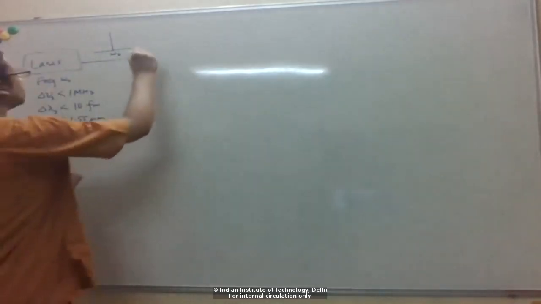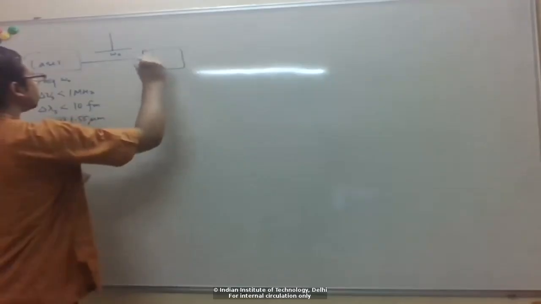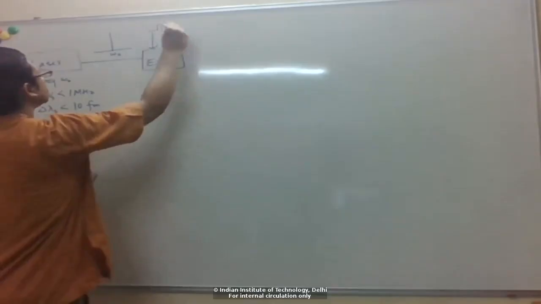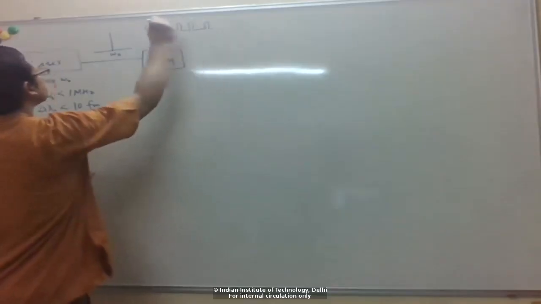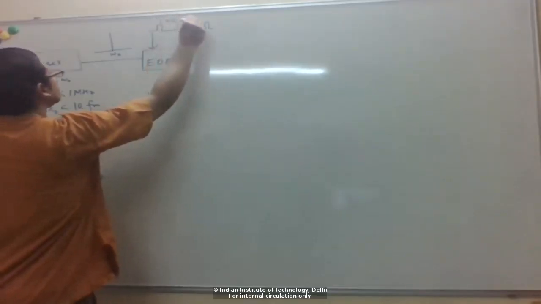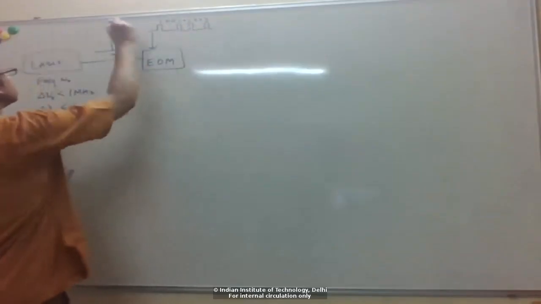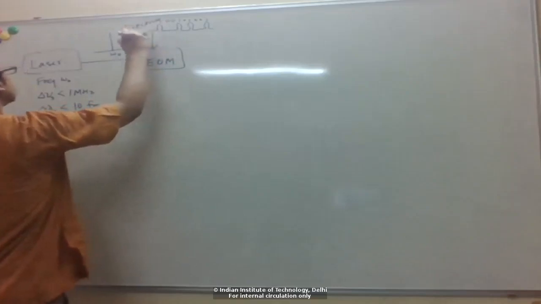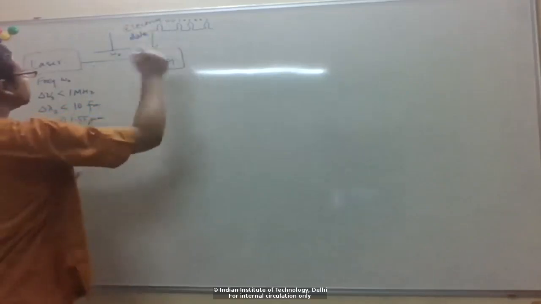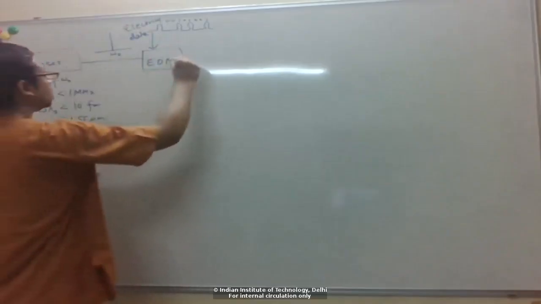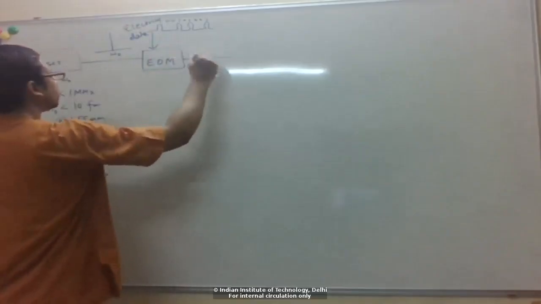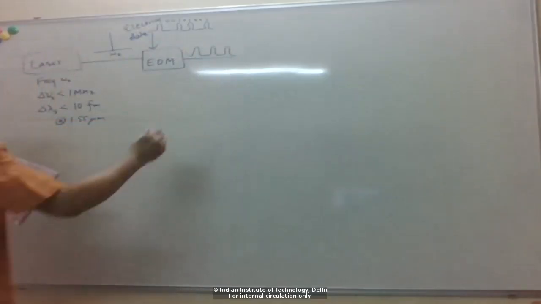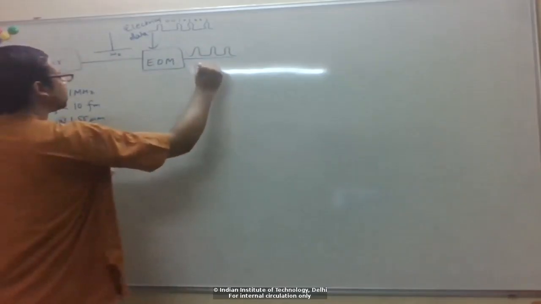Then what is done is we use an electro-optic modulator. We have some electrical data here, let's say some bit stream, and using this electro-optic modulator, you make these into optical pulses.